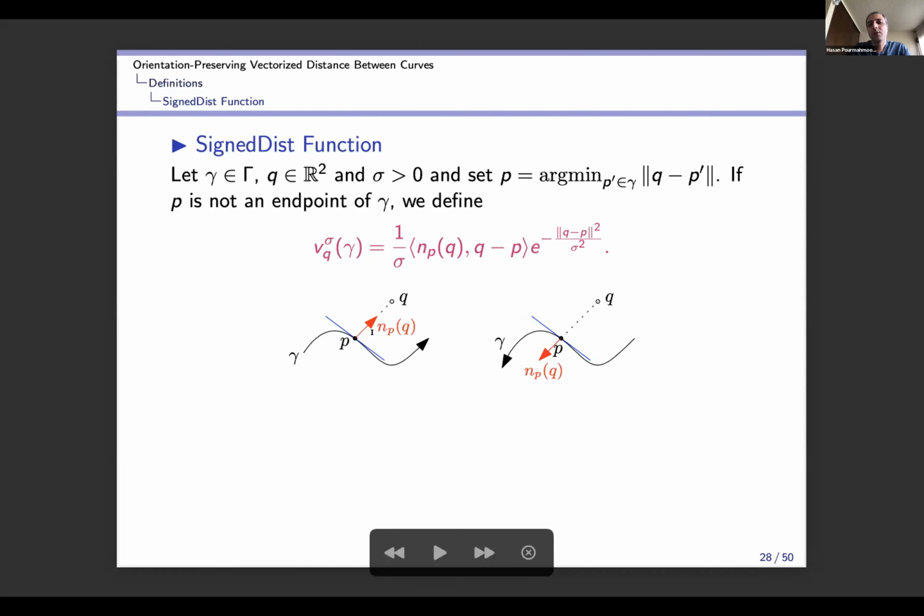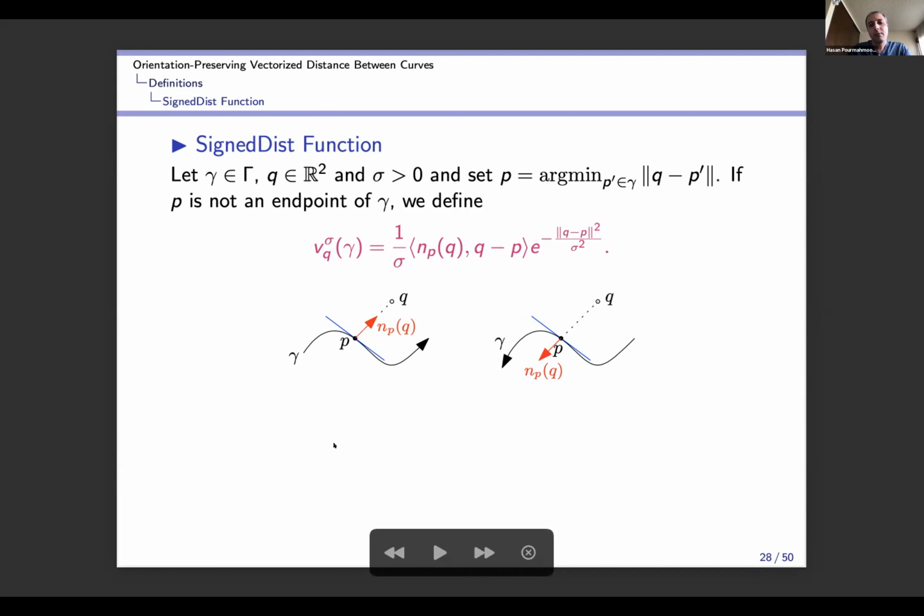And as you see, if we have two curves that are geometrically the same, but with different directions, our VQ sigma function will assign positive or negative values. So it means it is orientation preserving as a function.